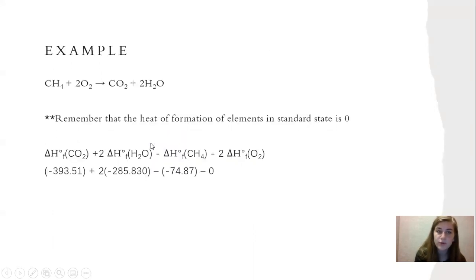Again, that's moles. Now let's talk about that for a second. So when we talked about heat of formation, we remember that it's just for 1 mole. Remember, that's so specific, just 1 mole. So if we have 2 of H2O, then our heat of formation is only for 1 mole of H2O. So that's why we need to multiply it out here, right?